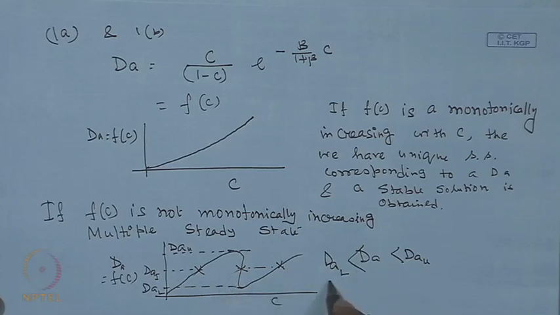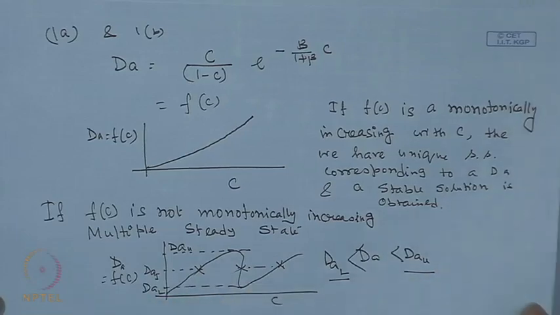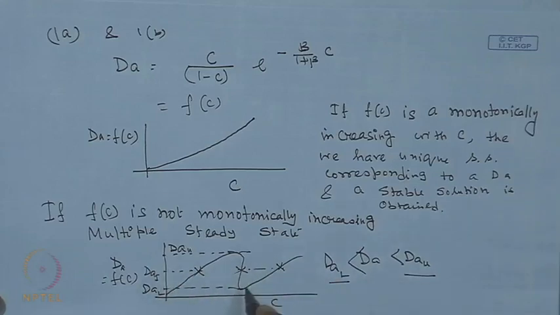So, between this limit, Da lower and Da upper, one can have multiple steady states of this particular problem. What we can understand from this discussion is that in order to have multiple steady states, f of C must have a maxima and a minima. Only then can one expect the occurrence of multiple steady states.